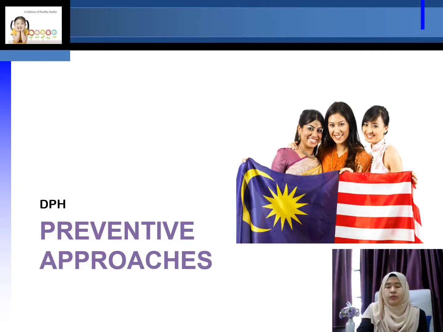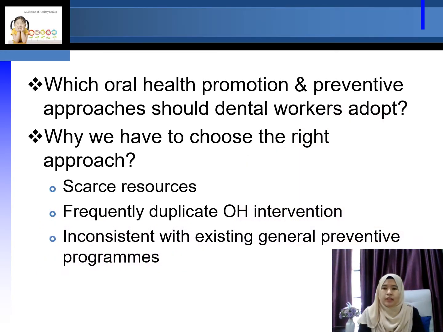There are a few preventive approaches that I will share with you in this slide. Which oral health promotion and preventive approach should we adopt? And why do we have to choose the right approach? It is mainly because of scarce resources. Usually we have a limited budget to run the strategies, limited manpower, and limited time.